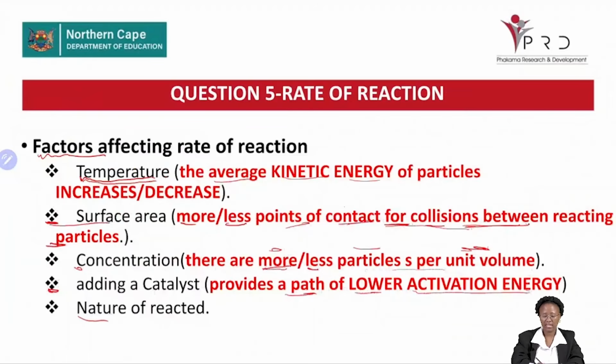And then the last factor is the nature of the reactant. So in terms of the nature of the reactant here, we are looking at whether the substance is a solid, a liquid, or a gas, and we are also looking at the physical appearance and the state of that particular substance, and then it is the one that is going to tell us if the rate of the reaction is going to increase or decrease.